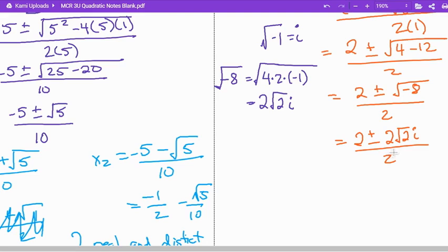Basically, we're reducing a fraction. Or you can factor the top: 1 plus or minus 2i. That's another way of looking at it. If you factor out the 2 from the numerator, then you can cancel out. So we've got 1 plus or minus root 2 i.